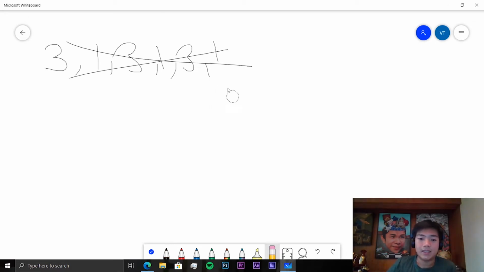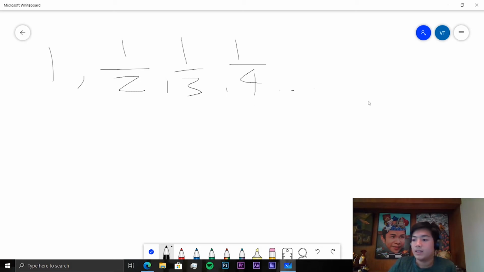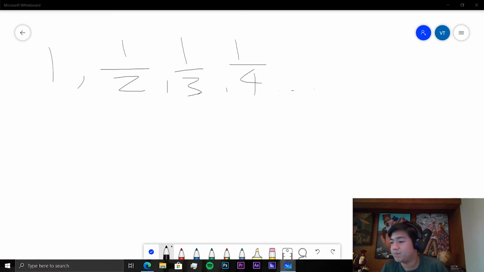Next, let's look at the sequence 1, 1/2, 1/3, 1/4, and so on. By looking at the sequence, I think we can all tell that this sequence will converge because it's decreasing in value each time.